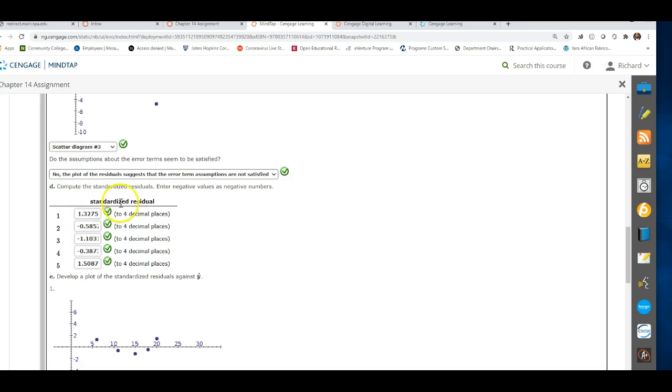What's key, however, is this standardized residual computation. If you use the values from the Excel built-in function of the regression analysis, those will not be correct. These numbers can only be obtained if you use the step-by-step method outlined in the video.